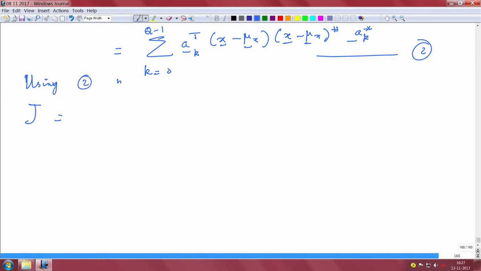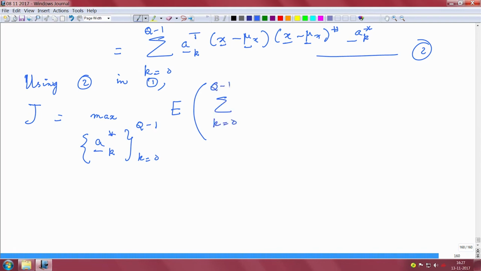Using 2 in 1, we can write J as maximize over all A_k conjugates, k equals 0 to Q minus 1, of the expectation of summation k equals 0 to Q minus 1.